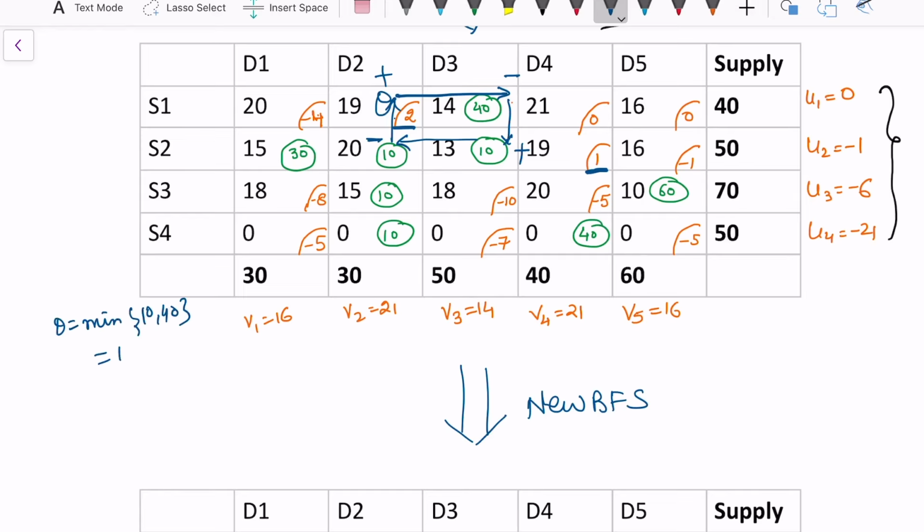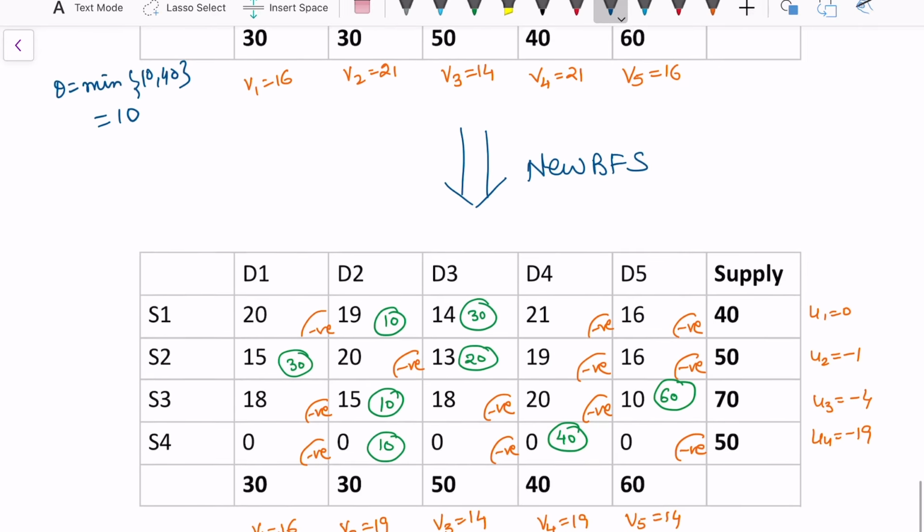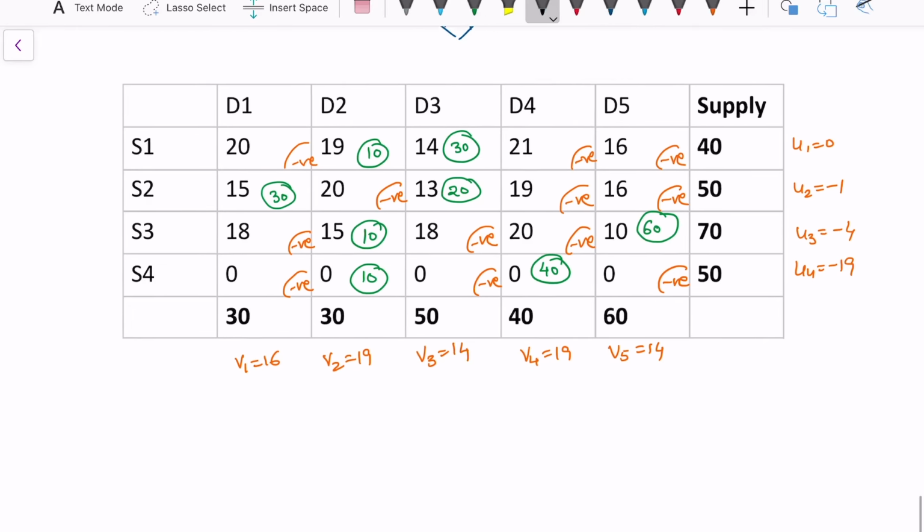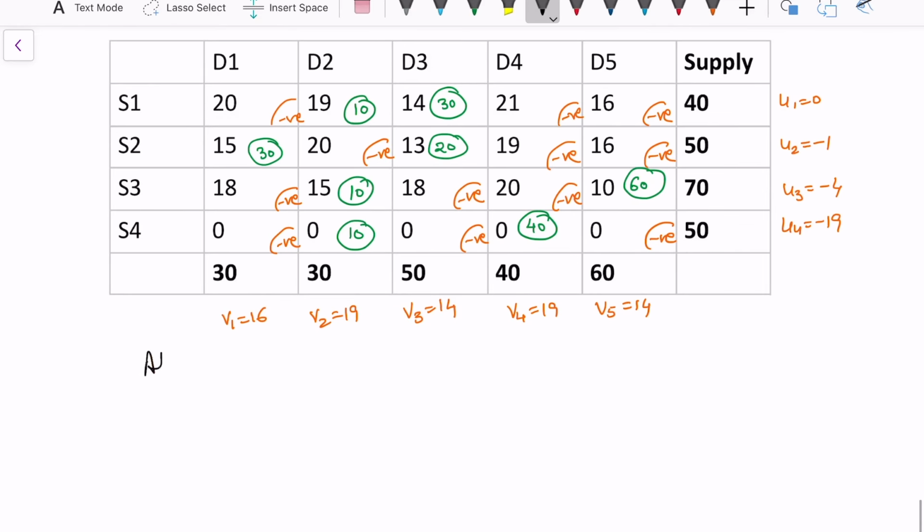So theta is 10. The 10 will go here in the location of theta, subtracting and adding in the other locations. So we get this new BFS, and we see here that in this table all Zij minus Cij is less than or equal to 0. Hence this is optimal, and hence we can calculate the value for Z.